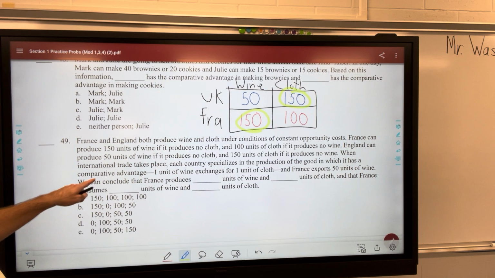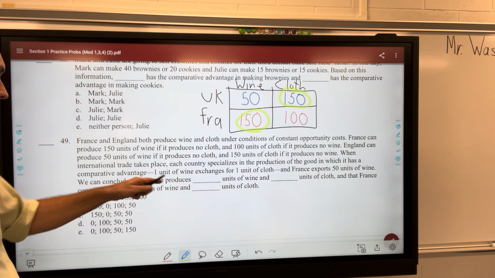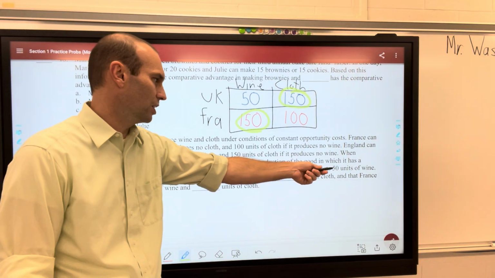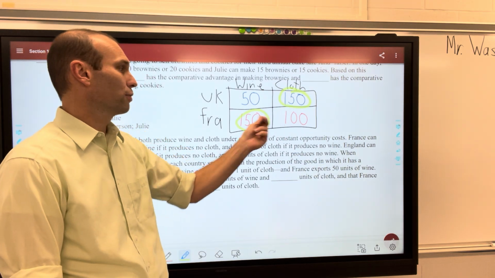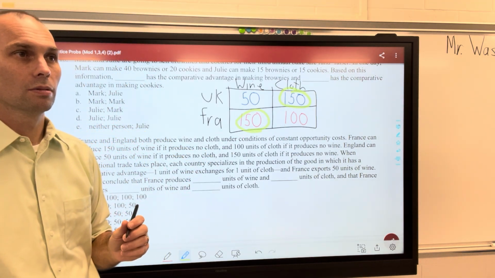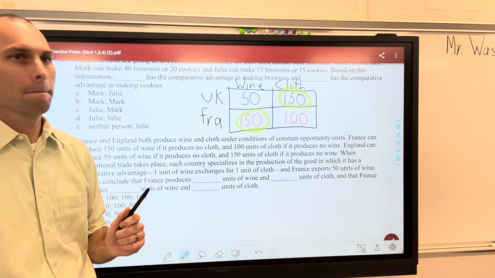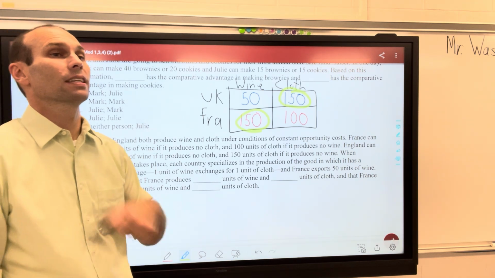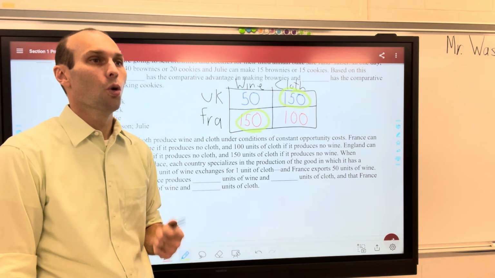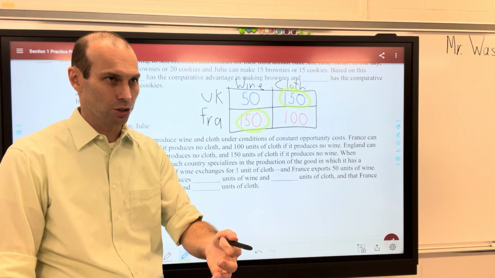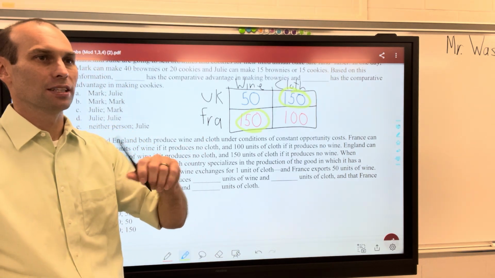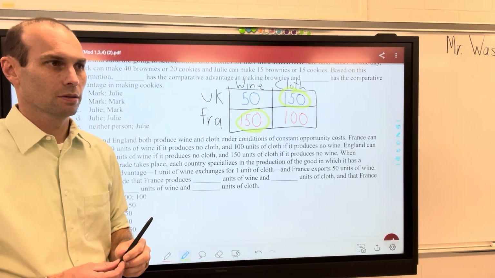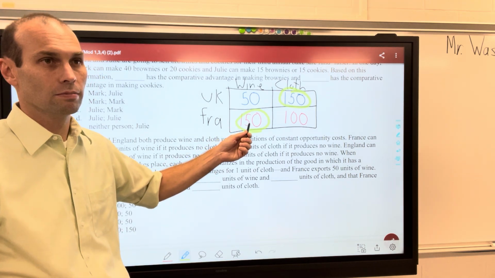So we can conclude that France produces how much wine? Well, it said France exports 50 units of wine. What is France going to do? How many units of wine will France produce total? 150, because if you're rational, what's France going to do with all their production? Just wine.